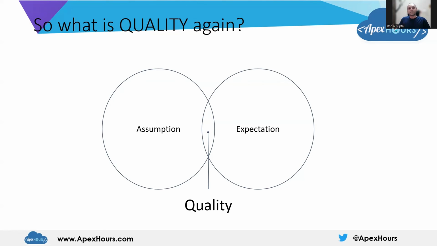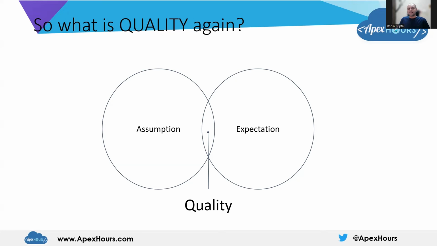But when we deliver it to them, the user generally has some expectations from that software. The intersection of these assumptions and the user's expectation is where the real quality lies. We might assume 100 things, and the user might expect 110 things. So those 10 things in common in between, or maybe different, is where the real quality for the user lies.